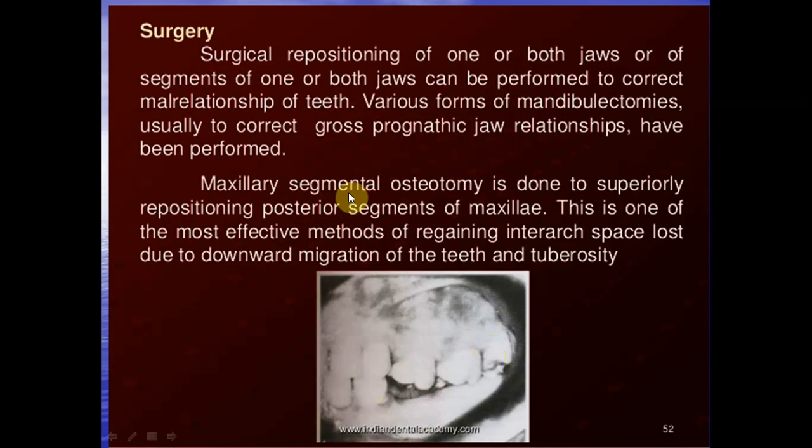So this is maxillary segmental osteotomy. And this means that a piece of bone together with the teeth is cut out. The part of bone at the base of it is removed, and then this block with teeth is brought to this new place and attached there.